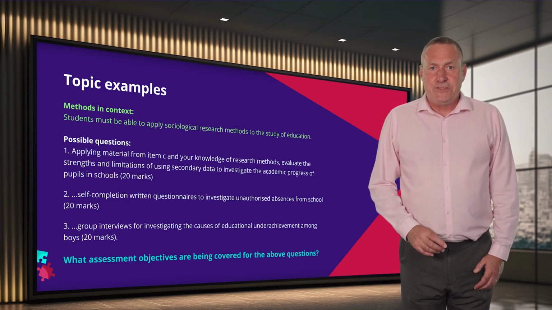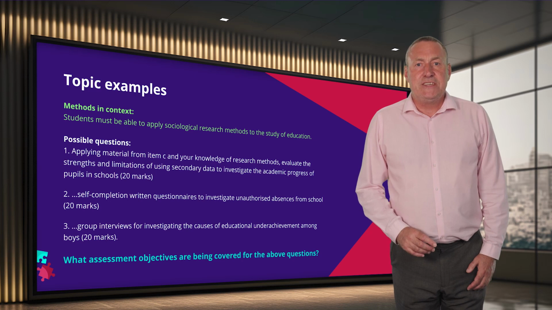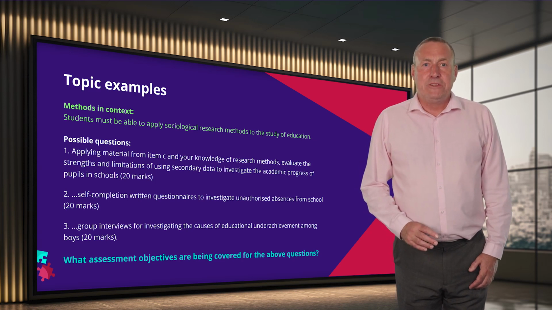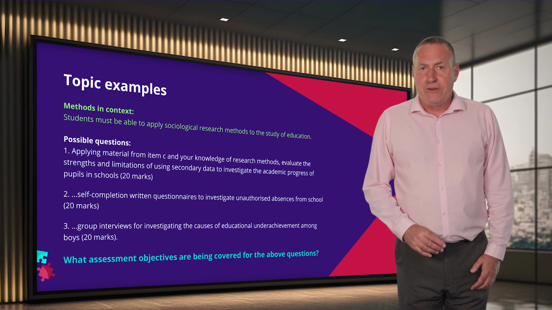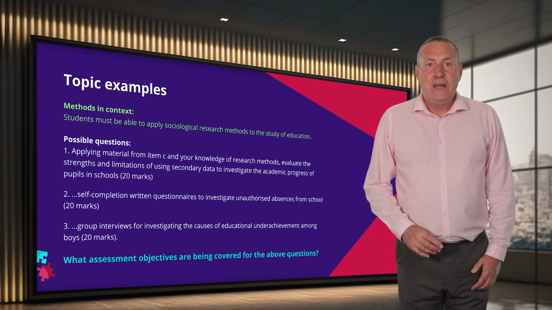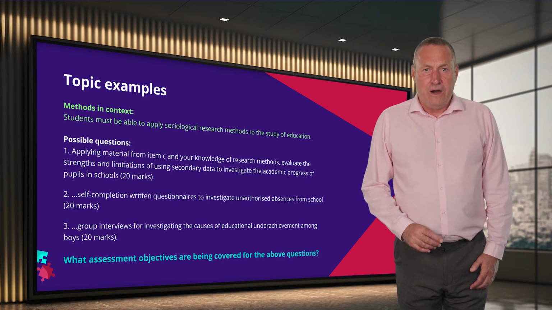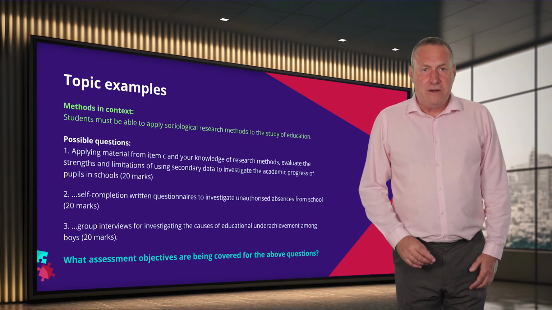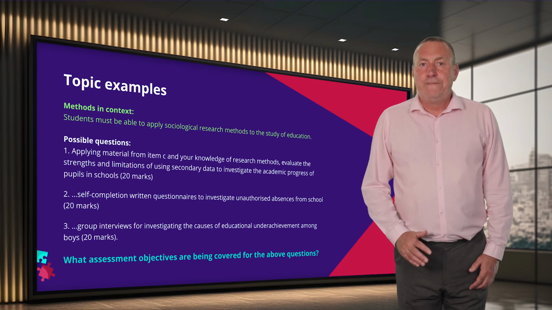Each of these questions is assessing all of the assessment objectives to varying degrees: AO1, AO2, 8 marks each, and AO3, 4 marks. The specific mark scheme would provide further elaboration.